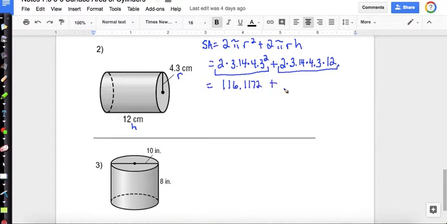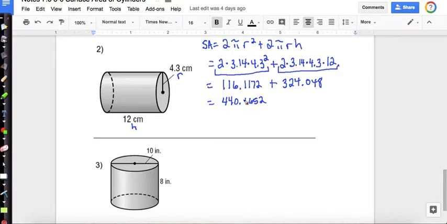Plus, this is straightforward, so I would just type it in and get 324 and 48 thousandths. Add it all up, and I get 440 and 1,652 10,000ths.